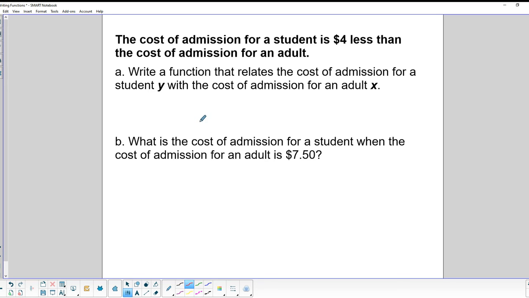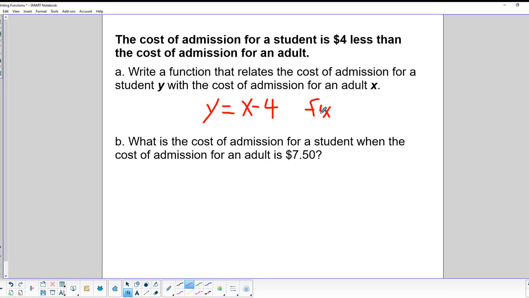So here's the cost for a student. And if I take the adult admission and subtract 4, I would have the student admission. All right, so I could write this in function form.